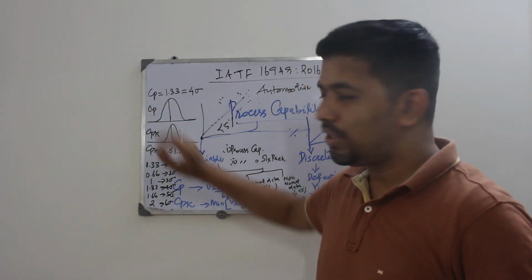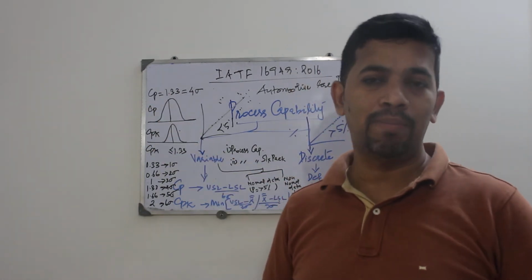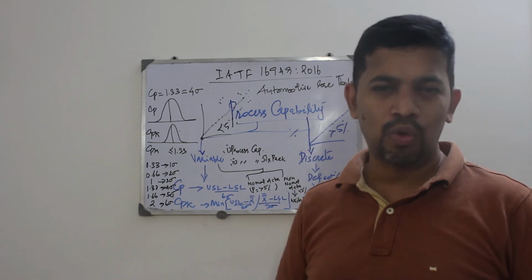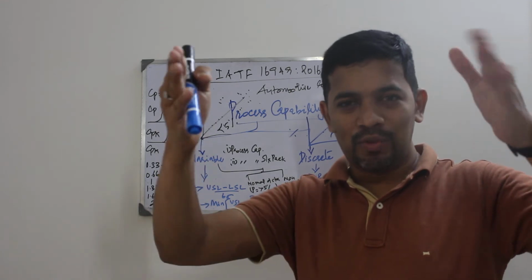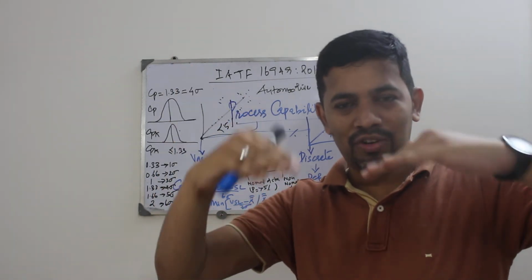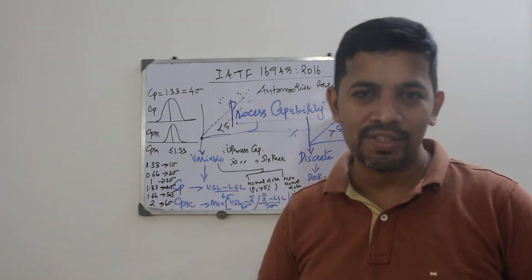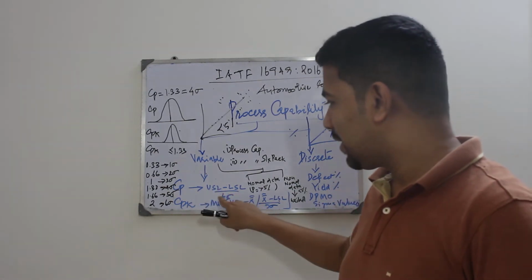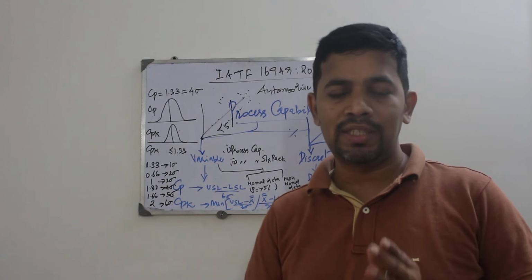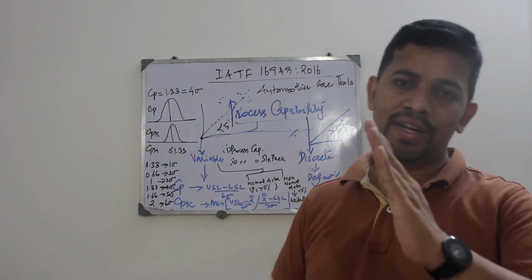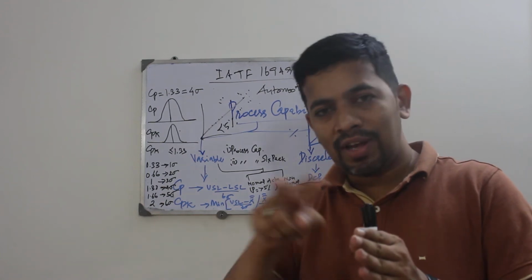Okay, let's get back to the first basic thing called CP, process capability ratio. You all know the formula, USL minus LSL by 6 sigma, right? So tolerance width divided by overall process width is USL minus LSL by 6 sigma. For example, let's say the target is 100 and you have a tolerance of 10.